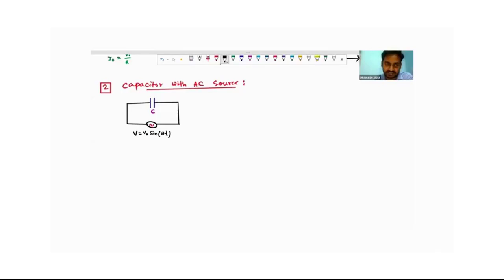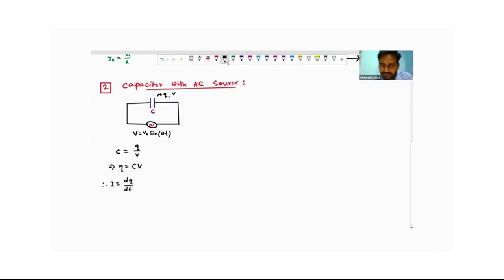As we know, C equals Q by V. Suppose at any time t, the charge stored in the capacitor is Q, and the potential difference across this capacitor is V. Then we can write C equals Q by V, and from this Q equals CV. But we are looking for current. How to find it? Current means dq by dt. We can write d by dt of q, as you know.